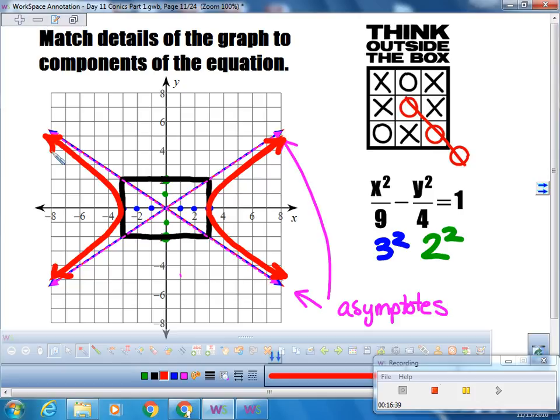If it were positive, it would be an ellipse. I don't know how to answer that question. You're given an equation. You'll see it tomorrow. You're given an equation, and through the equation, a negative will appear from either the x squared or the y squared.